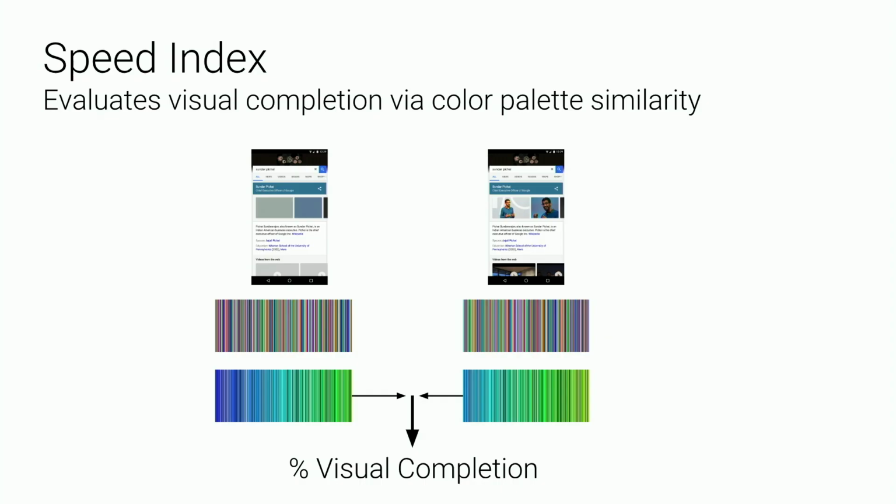The way that is used in all the tools that I know of is by looking at the color palette. Basically, you take an image, extract all the colors of it, sort it, do the same with the other one, and then compare the colors from the first image to the second image, see how similar they are, and quantify that. That is how visual completion is handled in speed index.